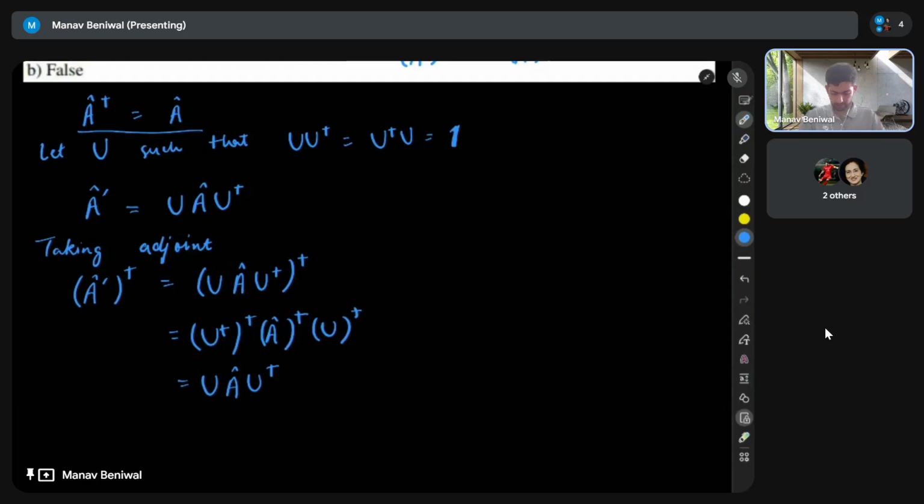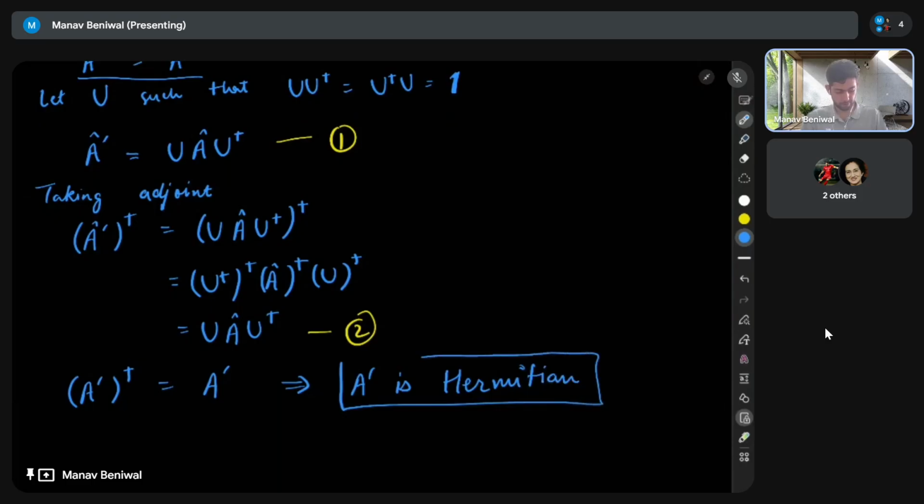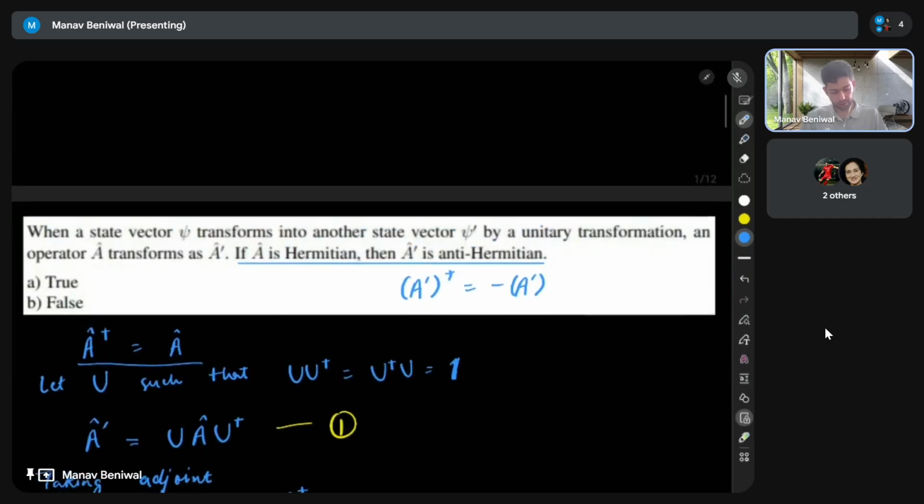So what do we get? Let's say this is equation 1, this is equation 2. If we compare both these equations, the right hand side is the same. So we can say that A prime dagger is simply A prime, which implies A prime is Hermitian. And in the question they say that A prime is anti-Hermitian, so this statement is false.